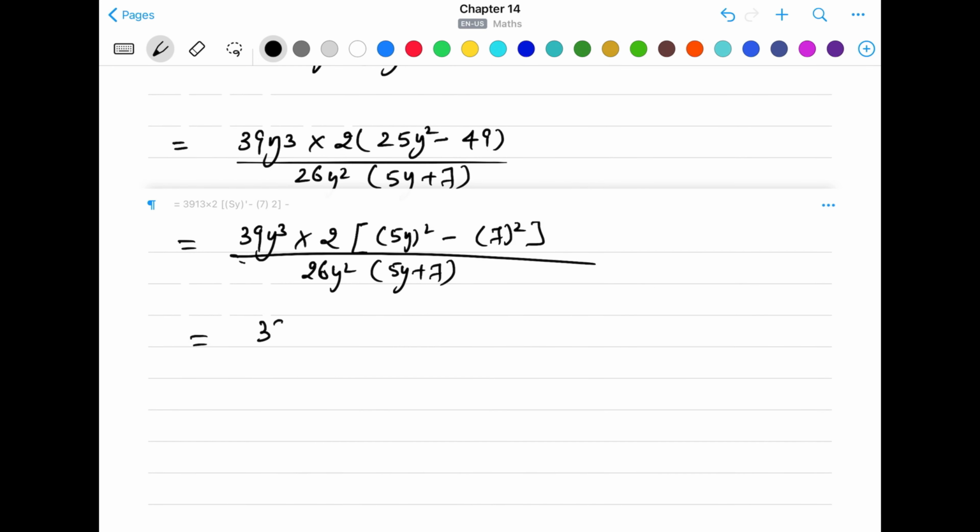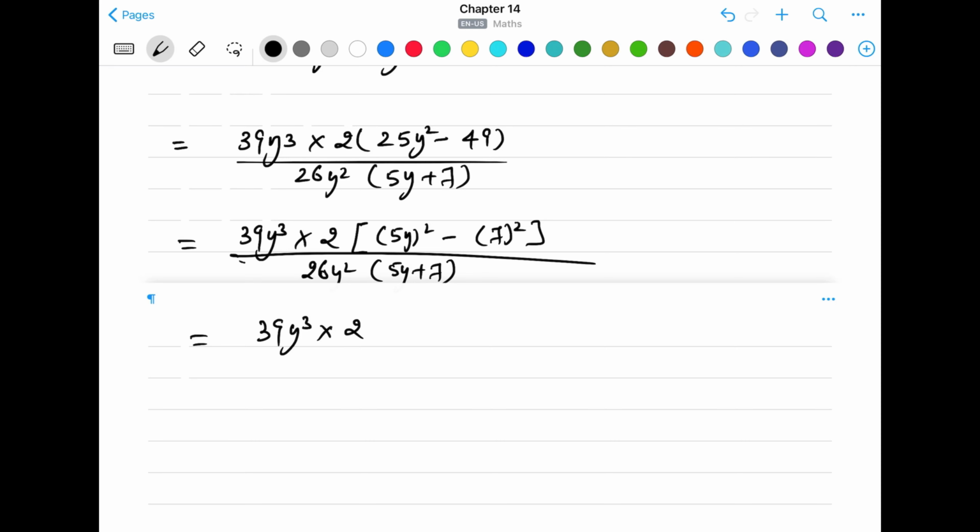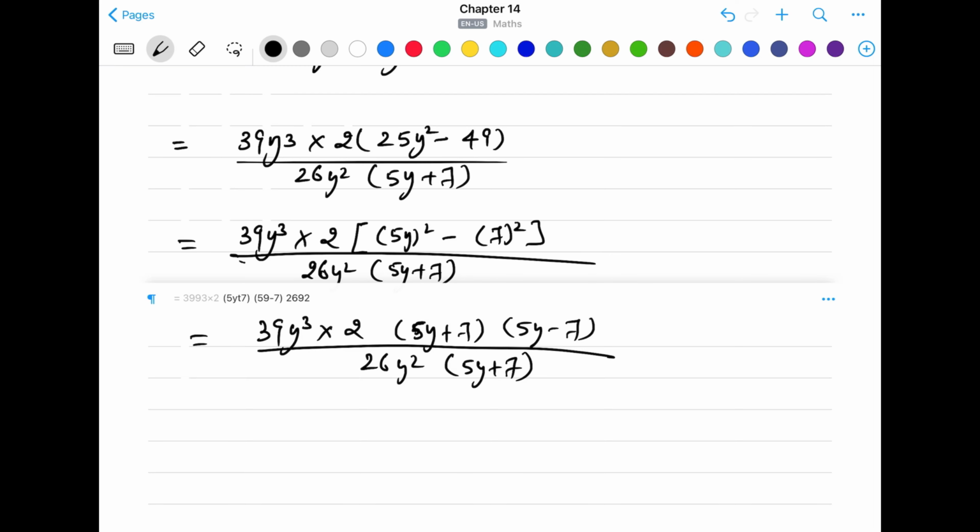Again, this is a square minus b square, so this will be 39y cube into 2 into 5y plus 7 and 5y minus 7, which is to be divided by 26y square into 5y plus 7. Now this 5y plus 7 and 5y plus 7 will be cancelled out.